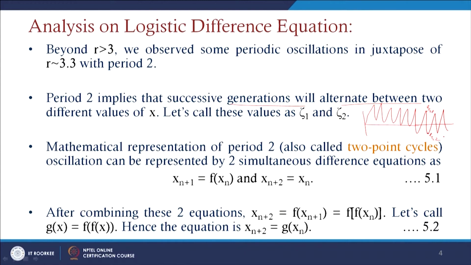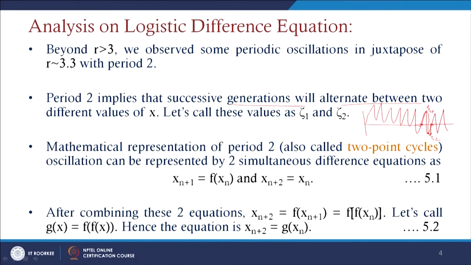Especially if you go for the mathematical representation of this period 2, also called 2 point cycles. 2 point cycles means if initially we start at a point, then finally we reach that point again. So, if we complete a cycle here, then finally we come to the same point again.